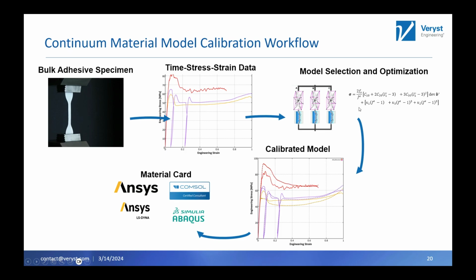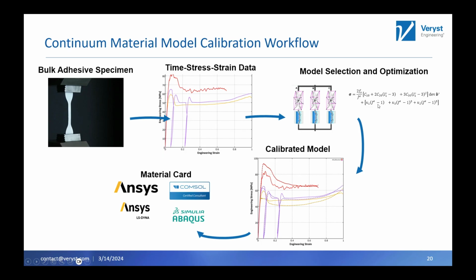The advanced continuum material models that are useful and relevant for most adhesives and other polymers are relatively complicated. So we're not doing something where we're just measuring the modulus, measuring the strength, and then putting those values into ANSYS, Abaqus, or COMSOL. What we're doing is solving the differential equation that maps the stress, strain, strain rate, and time-dependent behavior of these materials through a program called mCalibration.